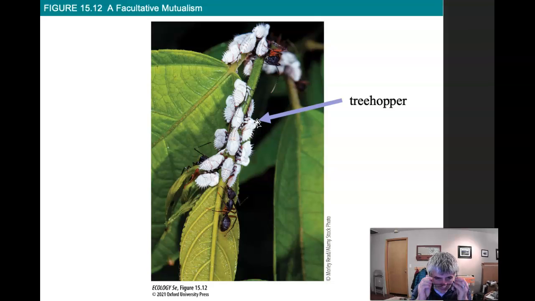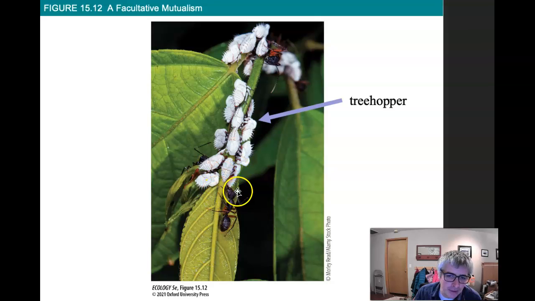And so the ants form a facultative mutualism with insects that secrete honeydew. It's a sugar substance on which the ants feed, and the ants will protect the tree hoppers from predators and parasites in exchange for the honeydew. So the tree hopper is actually producing a sucrose solution that the ants are directly feeding on.